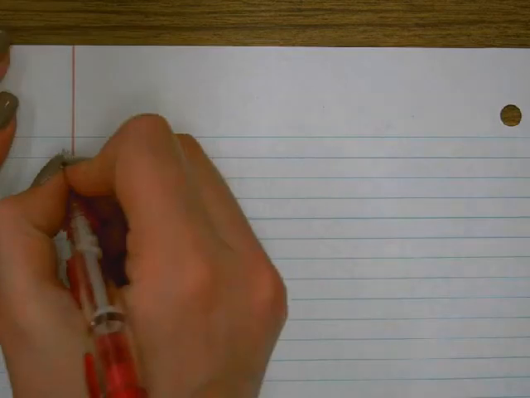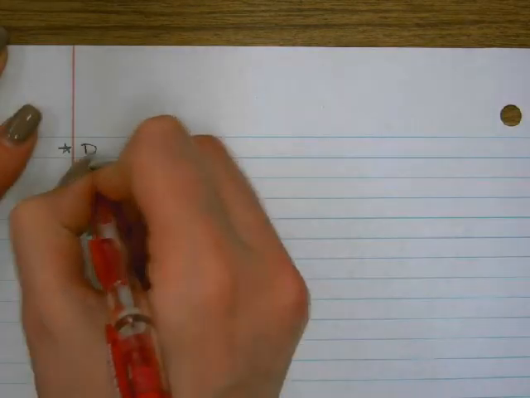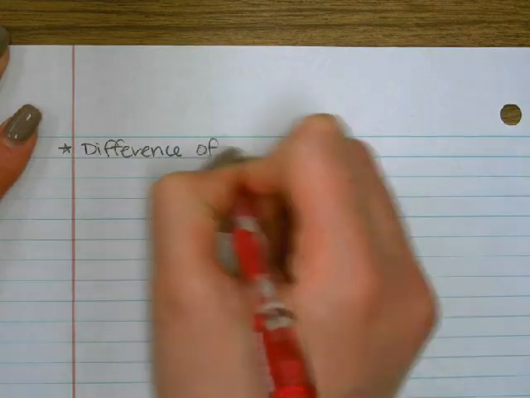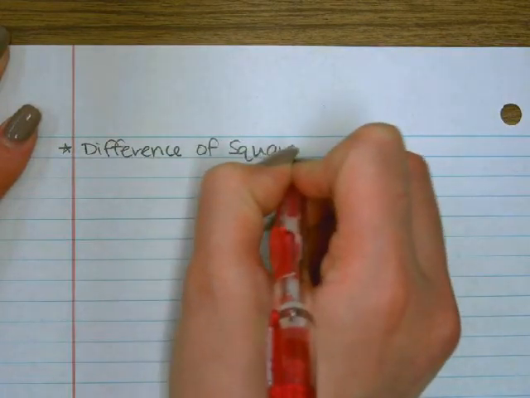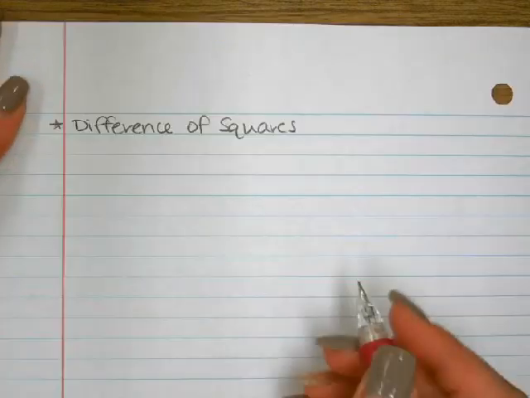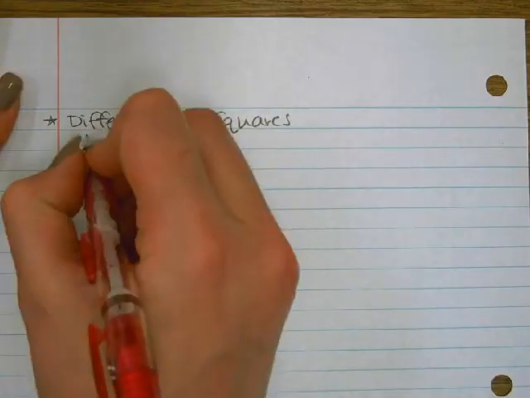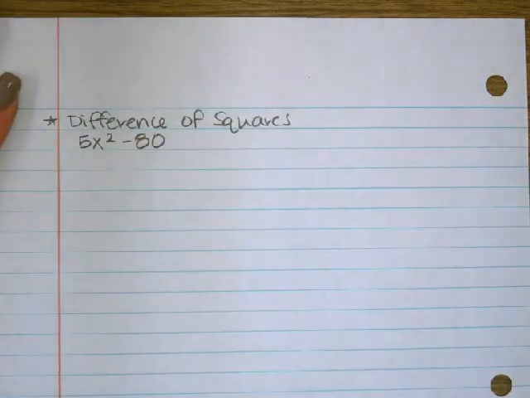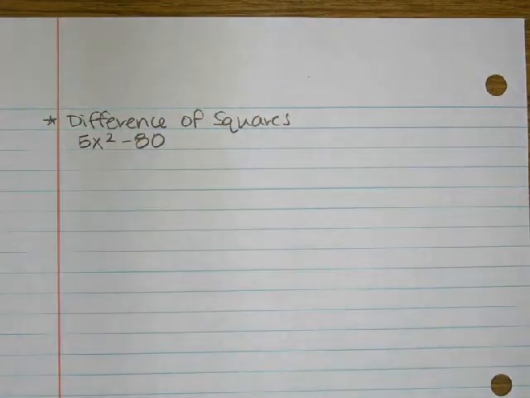All right, another type of problem is called difference of squares. And this is a problem like if we had 5x squared minus 80, and you wouldn't be able to see it right now.